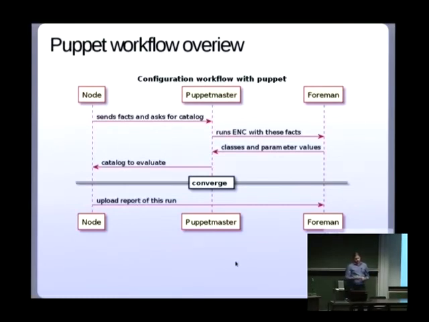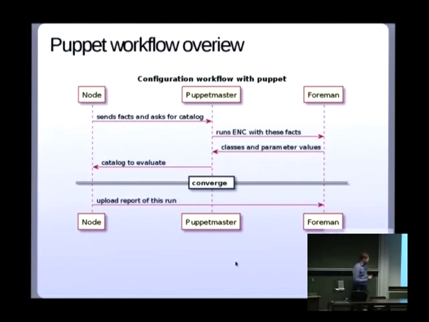Again, in the Chef world, it would probably mean something like give me the cookbooks and recipes for this node and provide me attributes for this host. Then the Puppet master compiles it to a catalog and sends it back to the node. The node then converges, and after this it uploads the report of this run to Foreman.